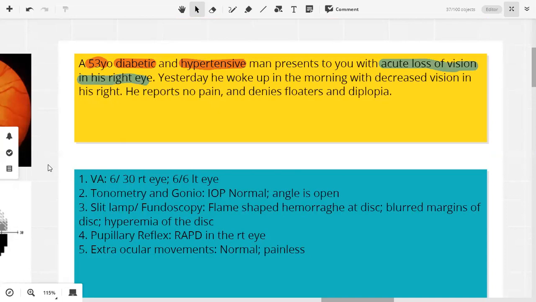Visual acuity is decreased, whereas in papilledema visual acuity might not be decreased. The slit lamp and fundoscopic examination reveal more or less the same things which we saw in papillitis and papilledema. Movement is painless.